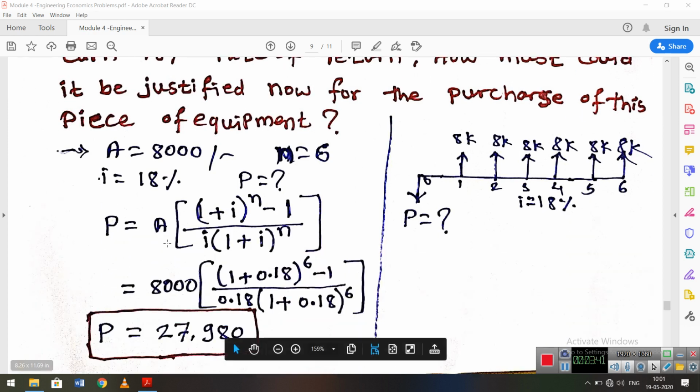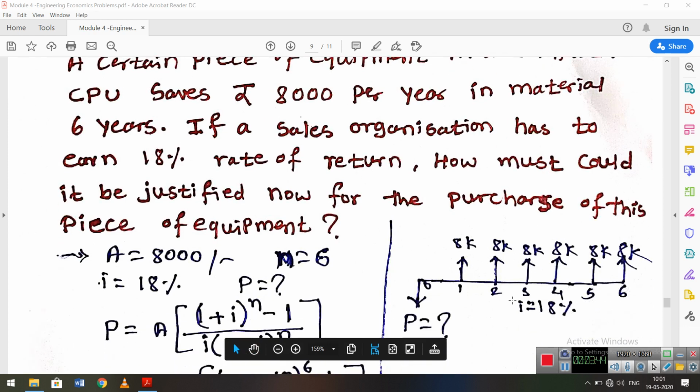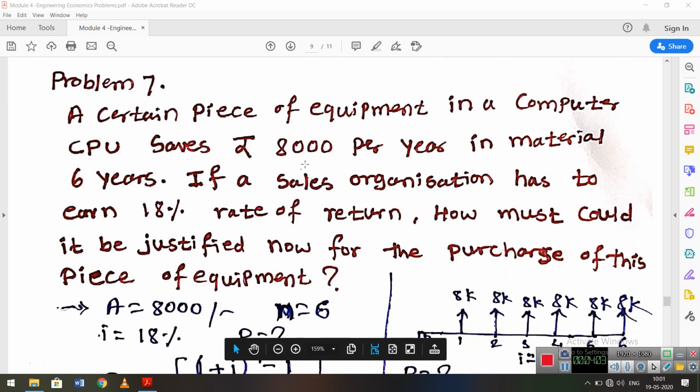That equipment saves 8,000 rupees per year, which is the benefit to the owner, for around 6 years, and after that the equipment is not working. But what is the cost of that piece of equipment used in the computer?